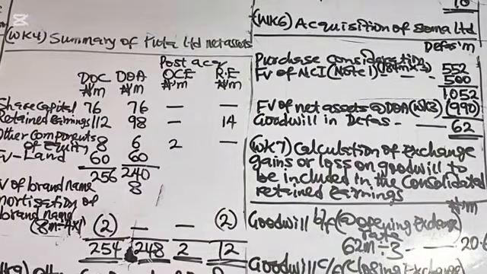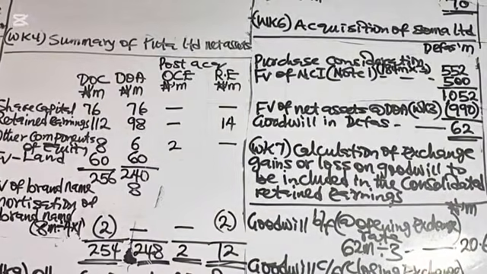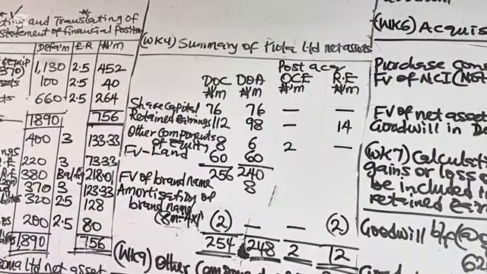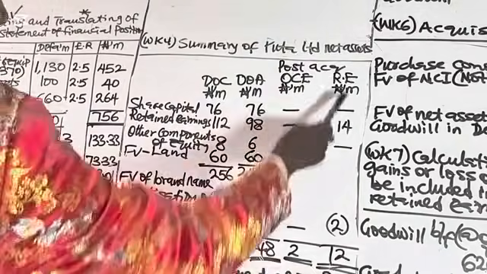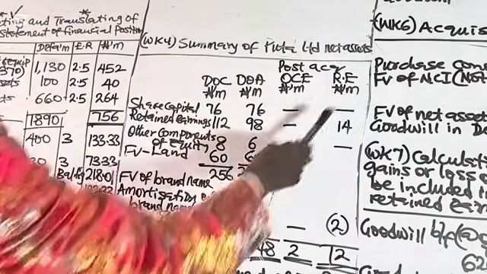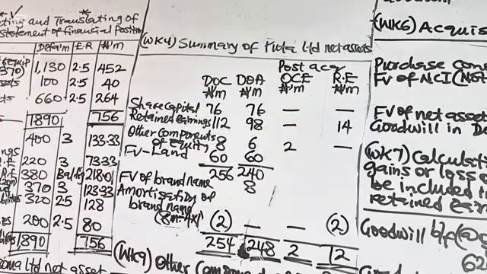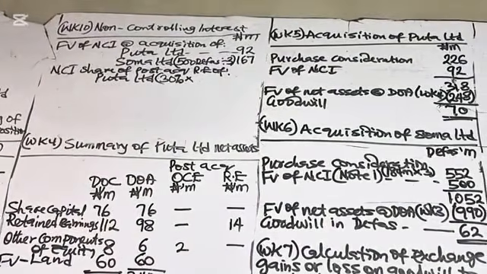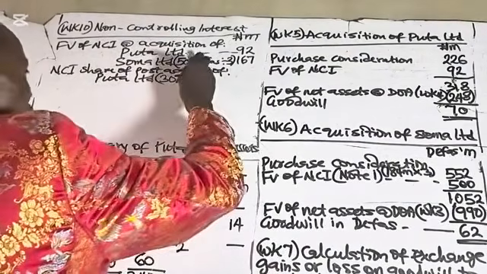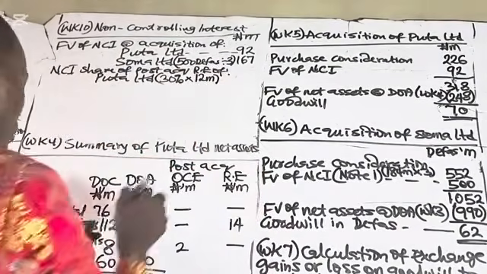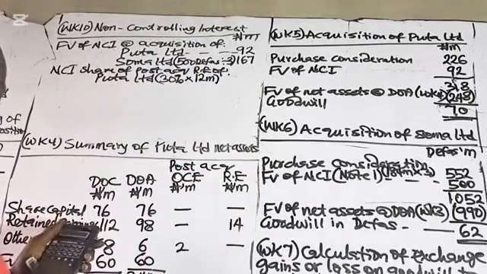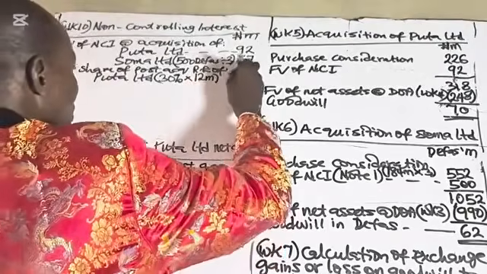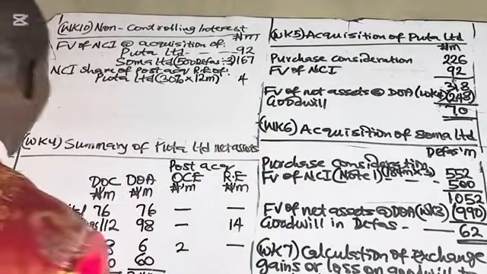If you go through the summary of Puta Limited net asset, you have the post-acquisition retained earnings of 12 million. So NCI will be 30% of 12 million naira. 30% of 12 gives us 3.6 million, which, let me just say 4 million, approximately, to the nearest whole number.